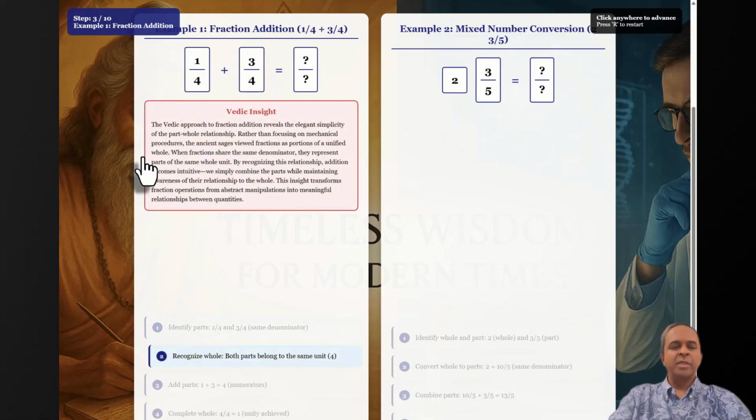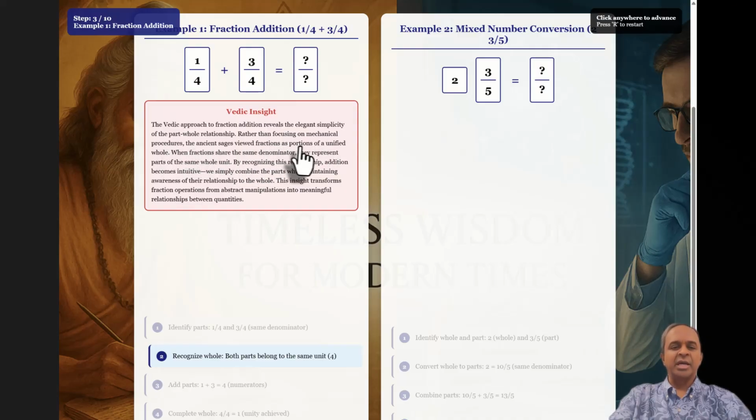Okay. So the Vedic approach to fraction addition reveals the elegant simplicity of the part whole relationship, right? So rather than focusing on mechanical procedures, the ancient sages viewed fractions as portions of a unified whole. So when fractions share the same denominator, they represent parts of the same whole unit.